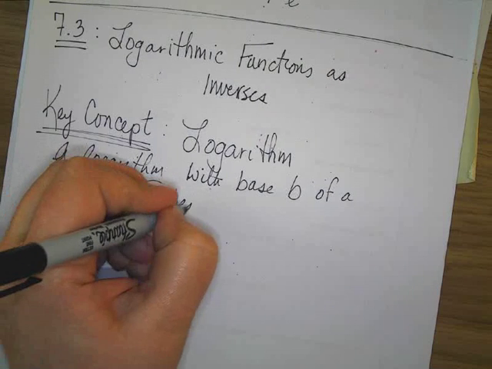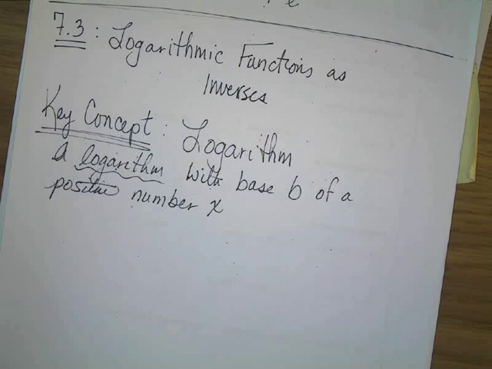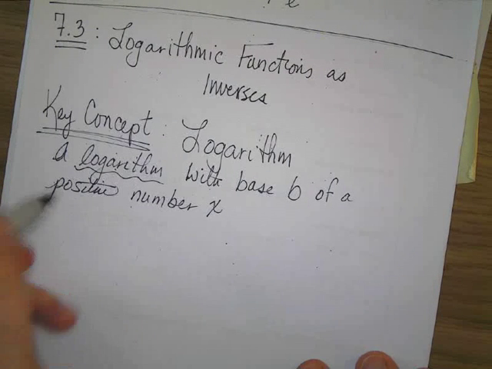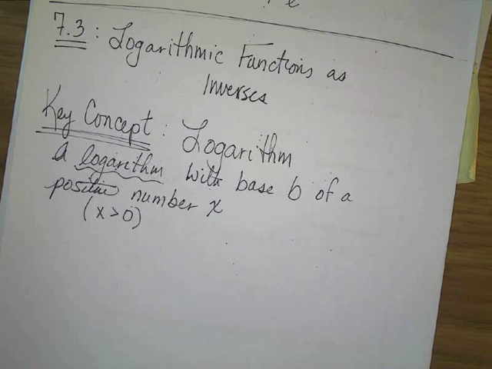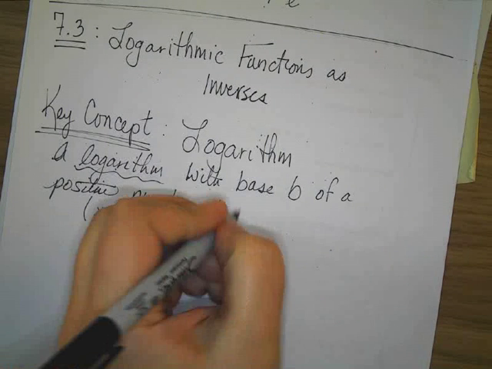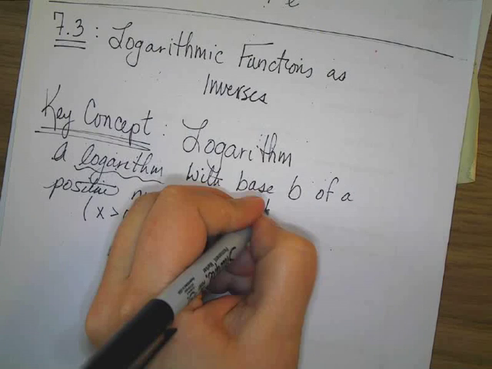Now they're telling us something about our domain right here. What does x have to be? Greater than 0. They're telling me with this statement right here that my domain is going to look like this. We're only allowed with logarithmic functions anything greater than 0 for x's. Satisfy the following.